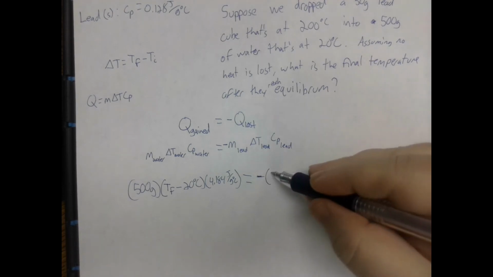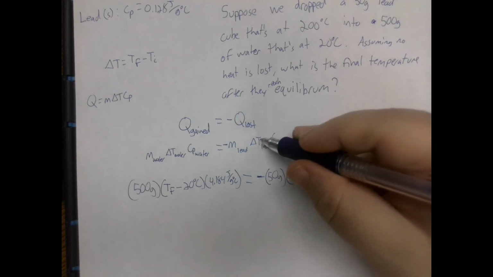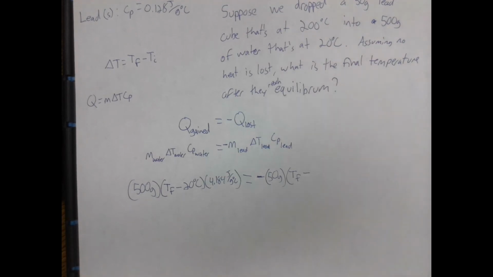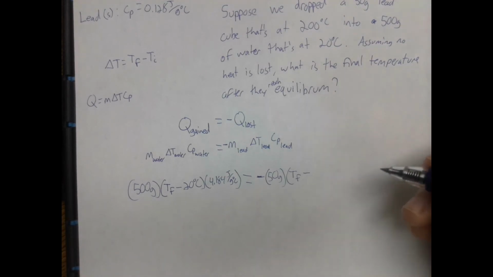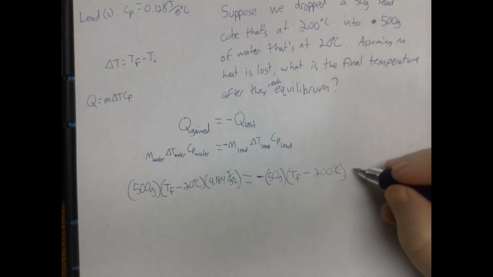mass of the lead, 50 grams. Again, I'm going to take delta T and expand it. The final temperature of the lead minus the initial temperature of the lead, 200 degrees Celsius, times the Cp of lead.